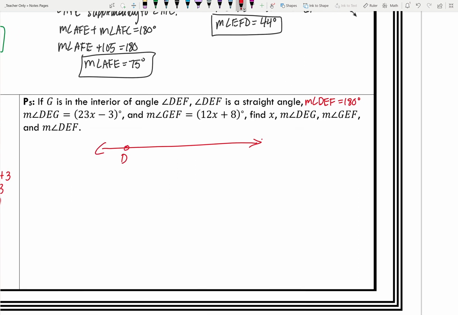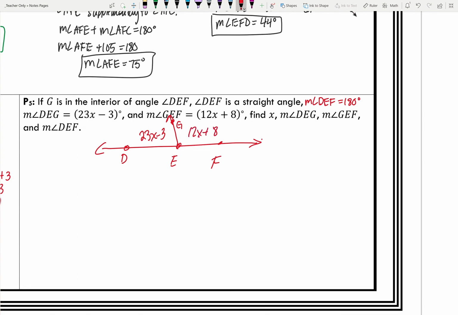D, E, F. G is in the interior, so G is just some point right here, and E is the vertex. So we just have a linear pair basically. We know that the measure of angle DEG is 23x minus 3, and then GEF is 12x plus 8.